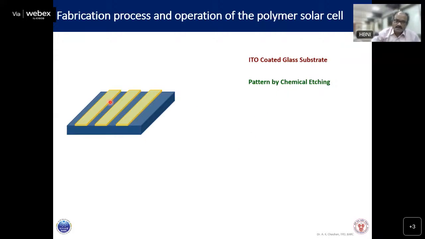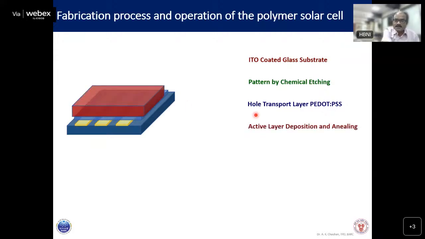The masked part is not exposed to the acid, so it will not be dissolved. But the part which was not covered will be dissolved by the acid, and therefore you will get such a pattern structure. Over that, the hole transport layer of PEDOT:PSS is deposited by spin coating.